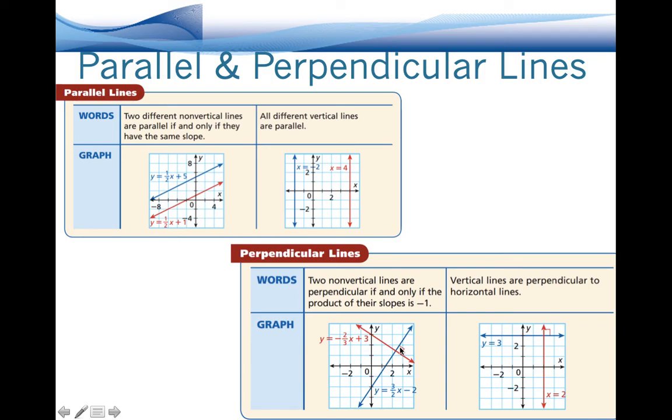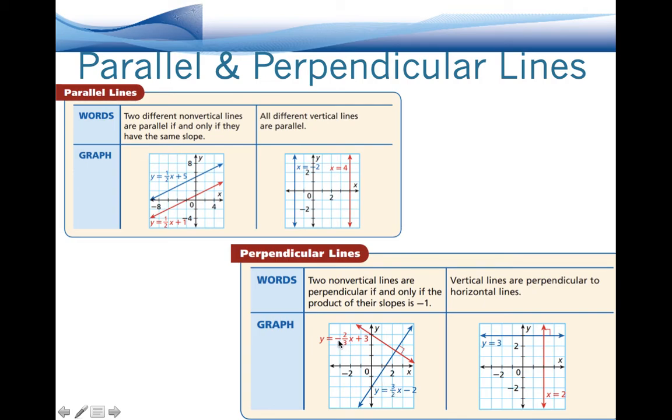Now, lines are perpendicular if they meet at 90-degree angles. To compare the slopes, first you have to get to slope-intercept form. Then you look at the slopes. They are the complete inverse, meaning the sign is the complete opposite.